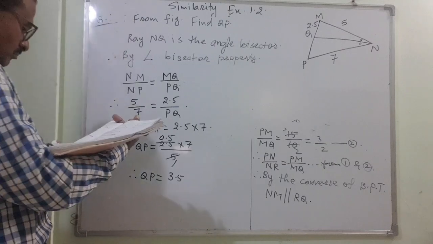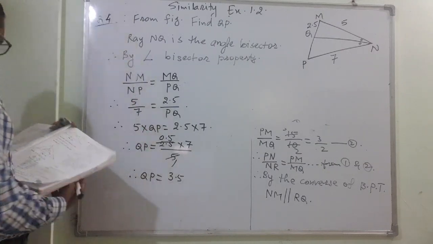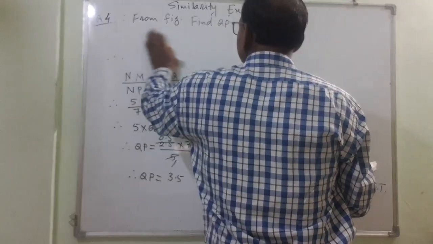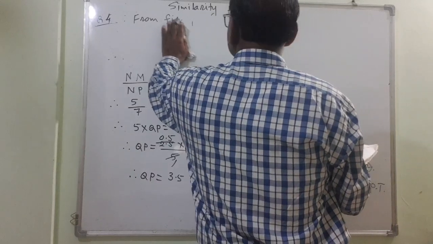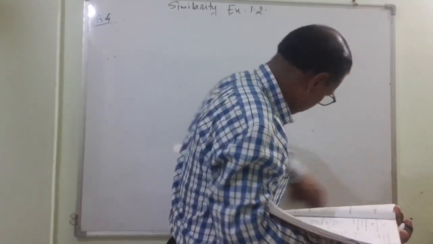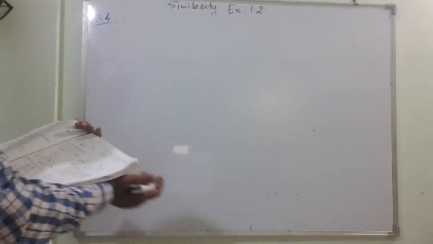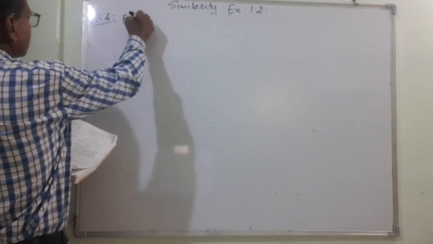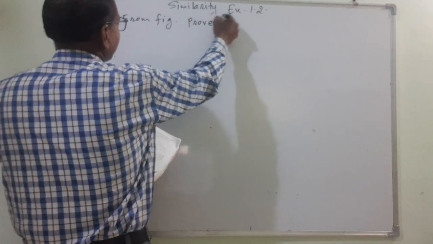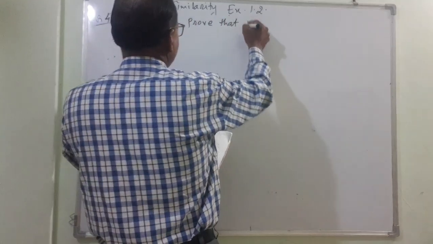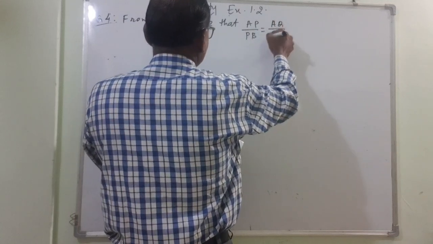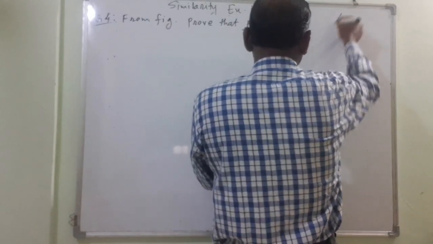So question number 4. From the figure, prove that AP upon PB is equal to AQ upon QC, and the figure is given like this.